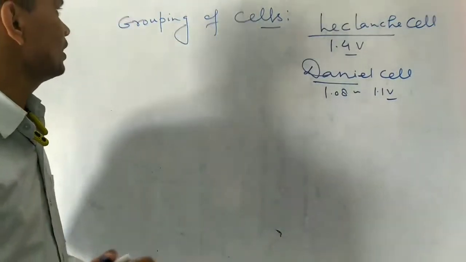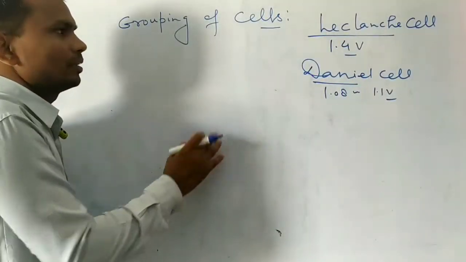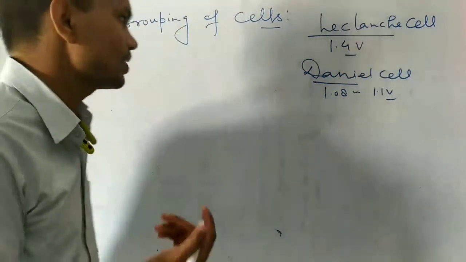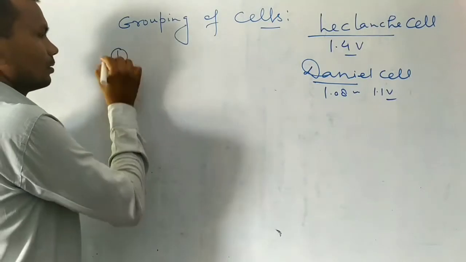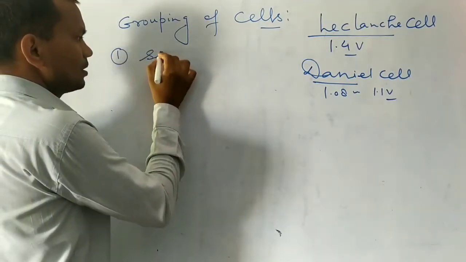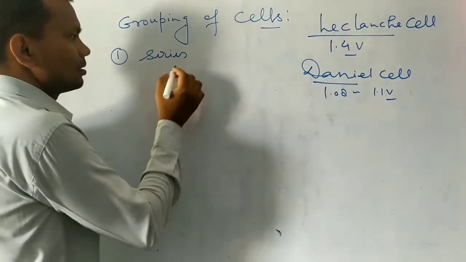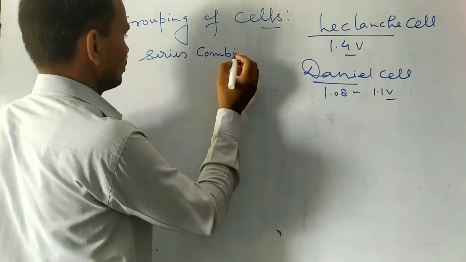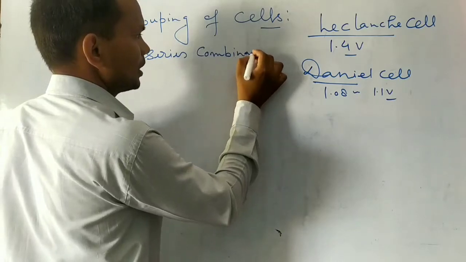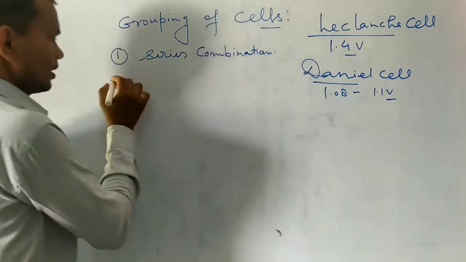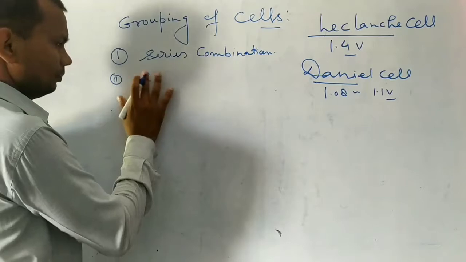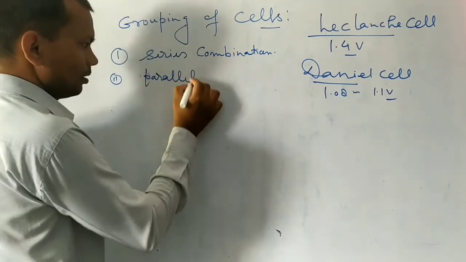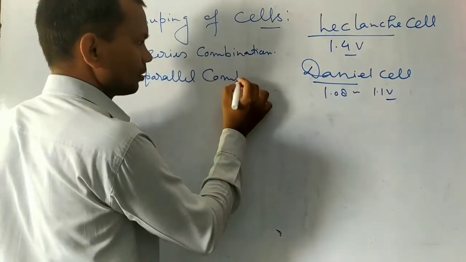In grouping of cells, there are three methods for combination of cells. First, cells in series combination. Second, cells in parallel combination.